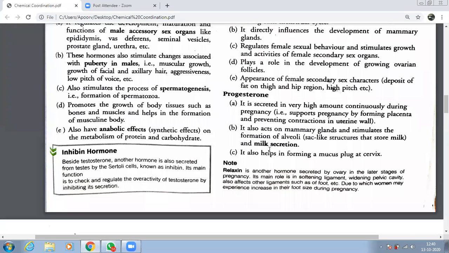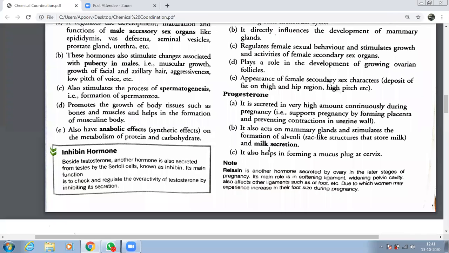They have an anabolic effect on the metabolism of proteins and carbohydrates. Okay, anabolic effect. Any idea what is anabolic effect, anyone? It promotes cell growth.